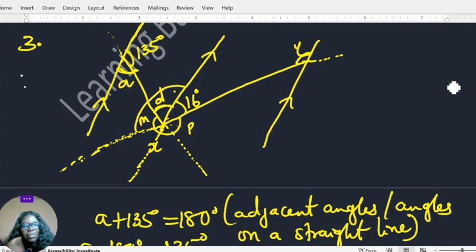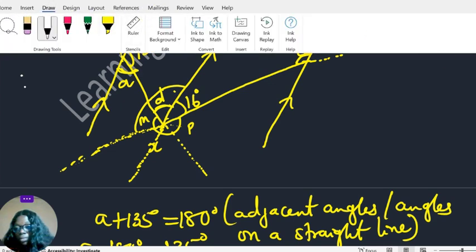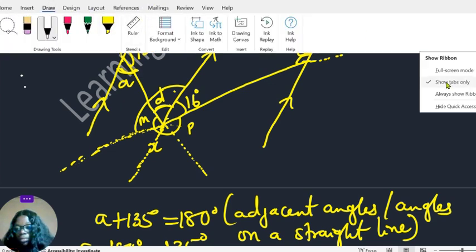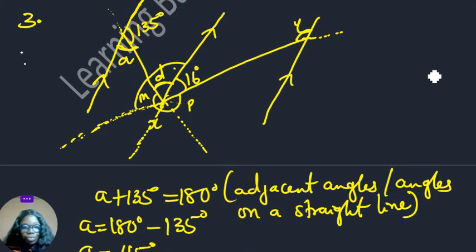Okay, so you can see right here, we have angle M vertically opposite to angle P, but we don't know angle P.